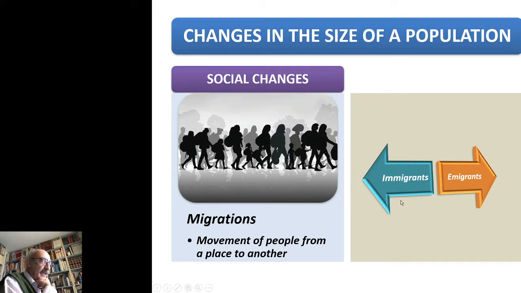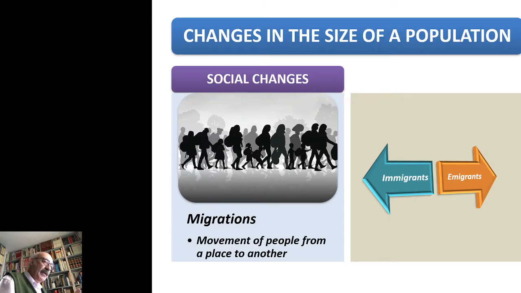An immigrant is the person that comes in Spain, for instance, from Morocco, from Nigeria, from any other country to look for a better life here in Spain.